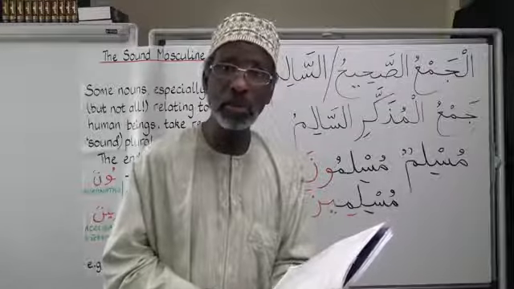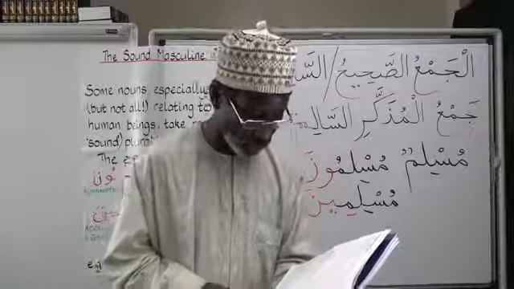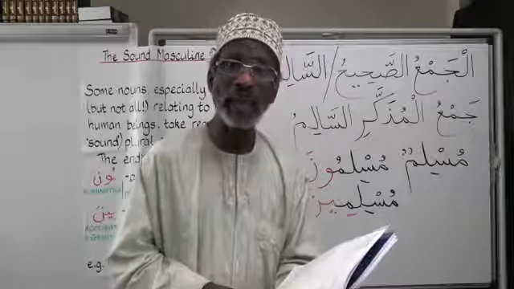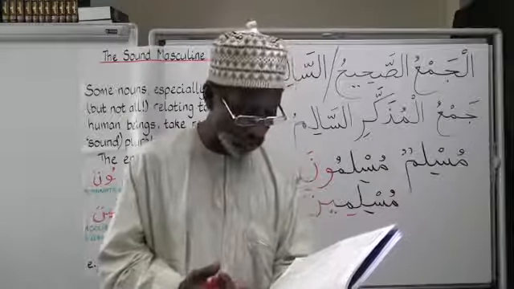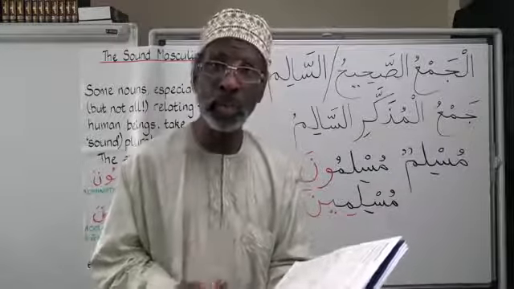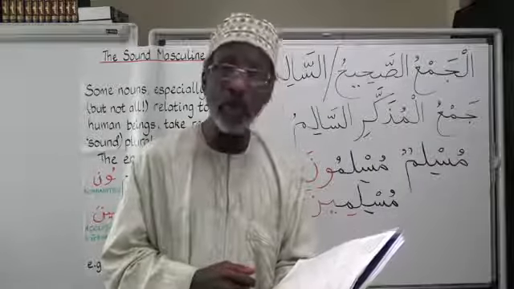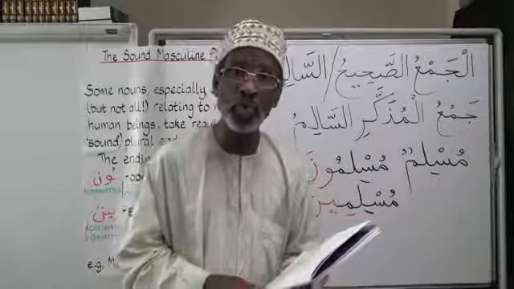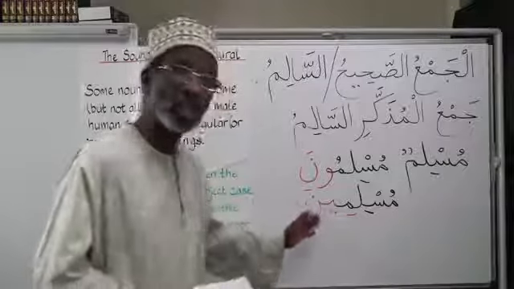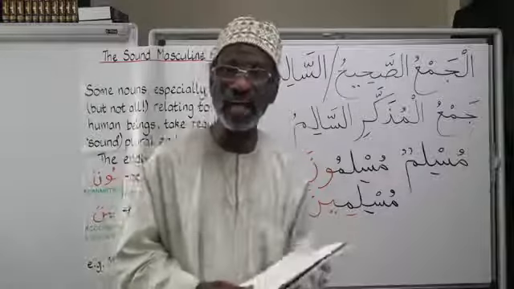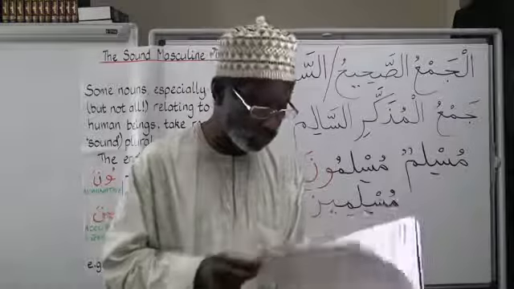Deceitful person, male, kadhibun, kadhibuna. Famous, male, mashhurun, mashhuruna. Unknown or obscure, majhulun, majhuluna. Busy man, mashghulun, mashghuluna. All these una endings, when in the accusative or genitive, can end in ina as well. That is page 39, read out for you.